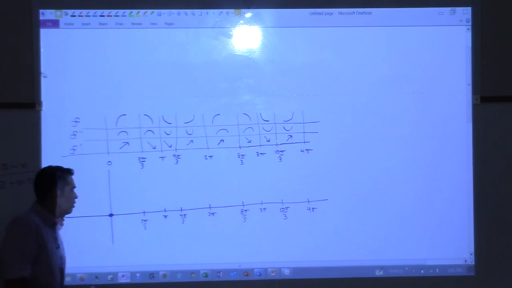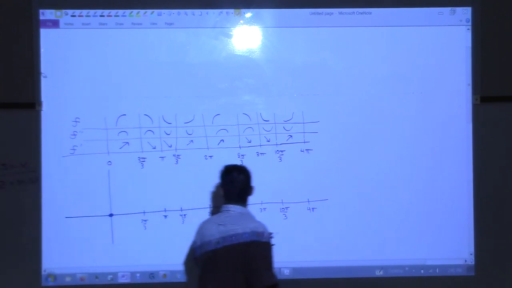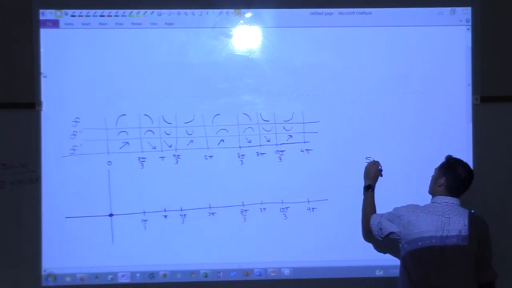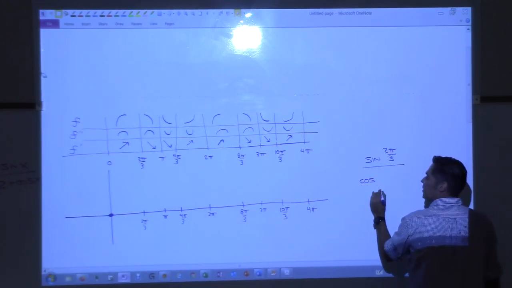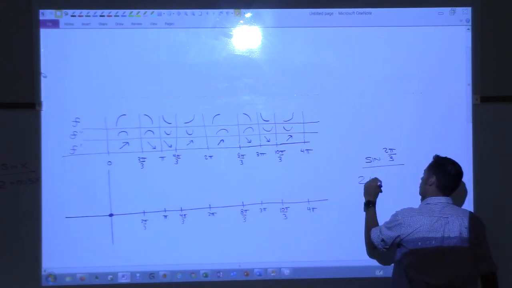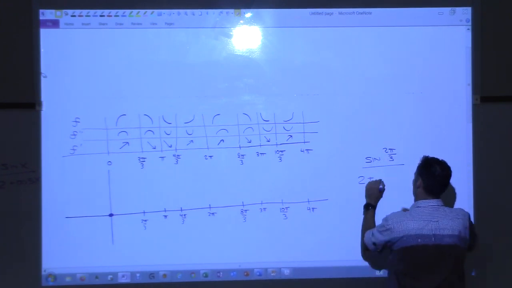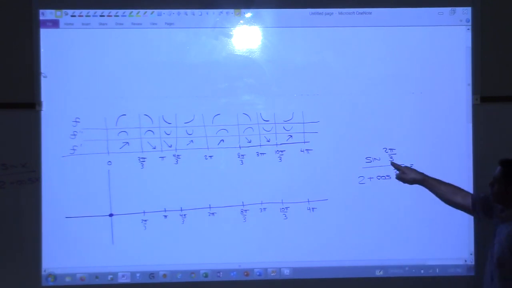All right, let's try plugging in 2 pi over 3. So what is sine of 2 pi over 3 over 2 plus cosine of 2 pi over 3? Sine of 2 pi over 3 is root 3 over 2.